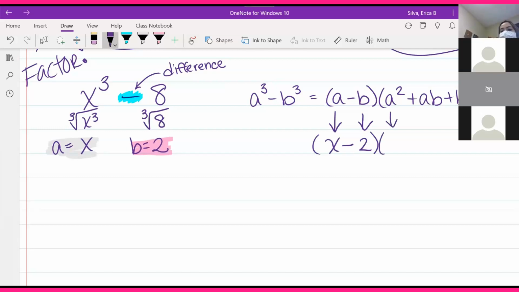Then here we have your a squared, so x squared, plus a times b, which is x times 2, plus b squared.